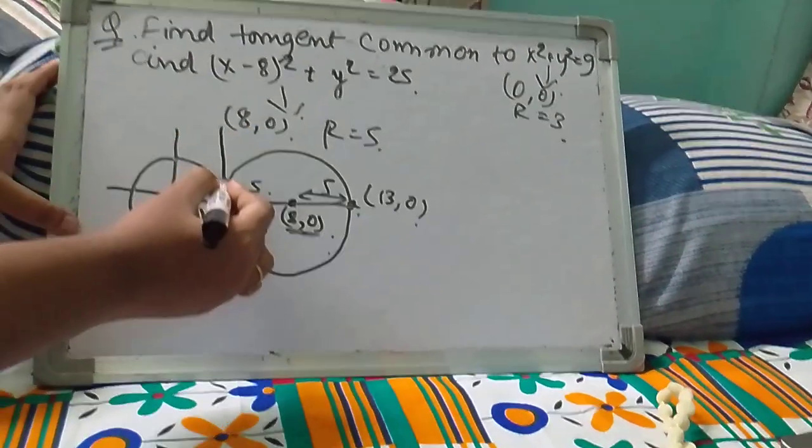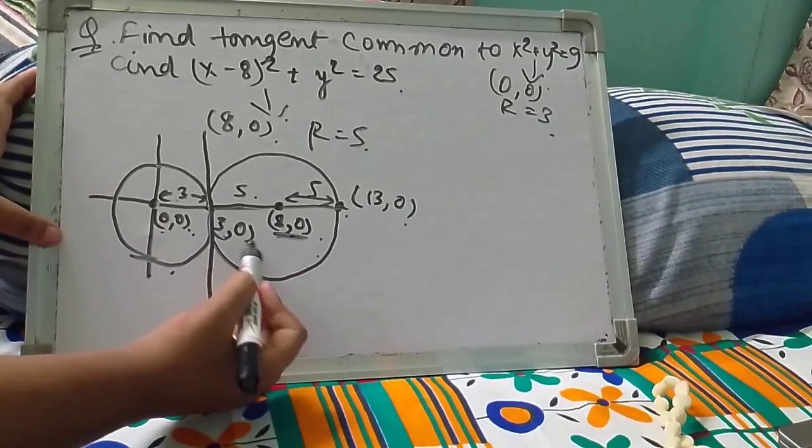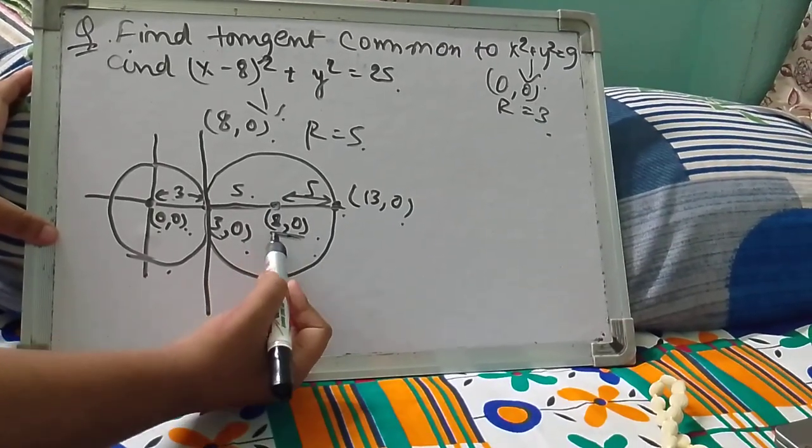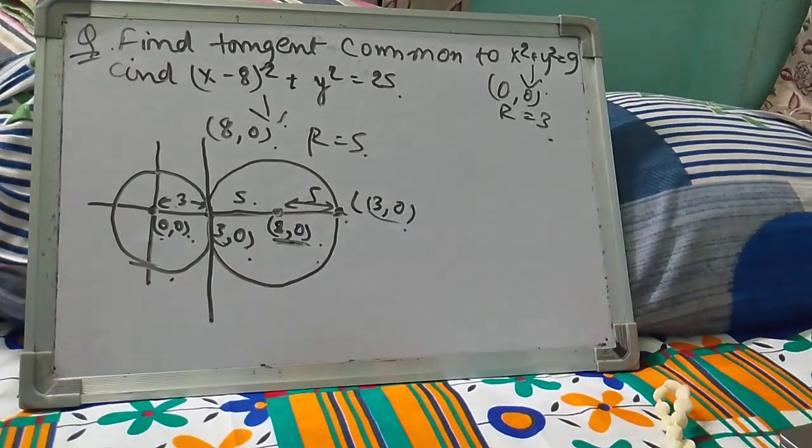This common tangent will pass from the point (3, 0), and the center of this circle is at (8, 0) and its end point will become (13, 0).